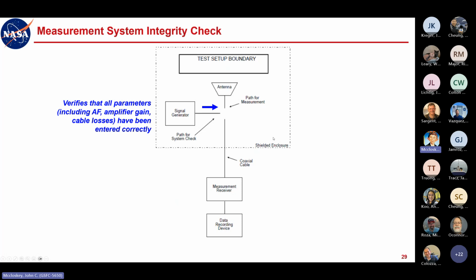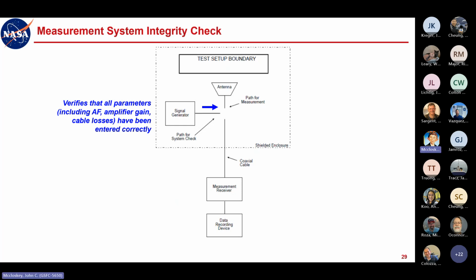This is another thing that we really should not be eliminating from our test plans. Sometimes people say, let's save time, let's not do those measurement system integrity checks. And that's really not a good idea, because you need to have these things recorded in your test plan to go back and verify that you can have confidence in the measurements that you took.